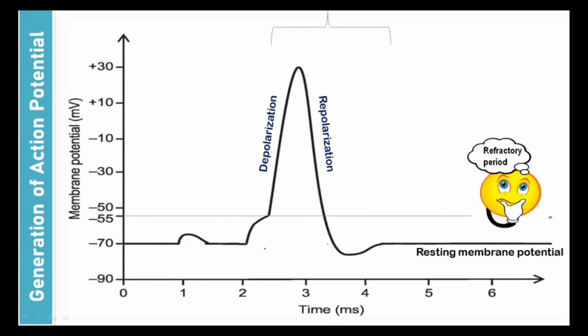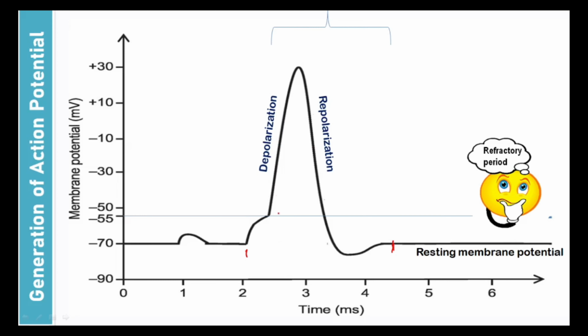For example, if we are considering from here to here, this area, already in this stage, due to the stimulus, one action potential has started, and in this stage it comes back to the resting membrane potential.